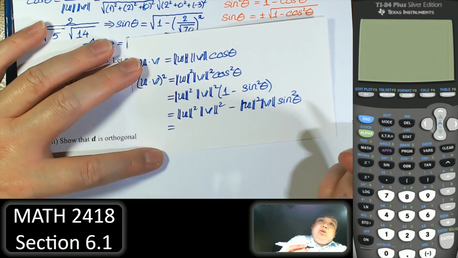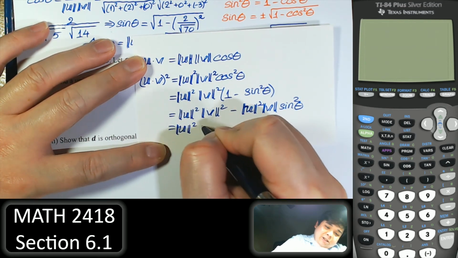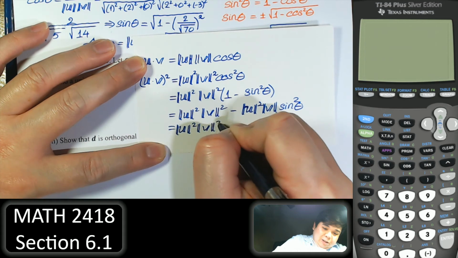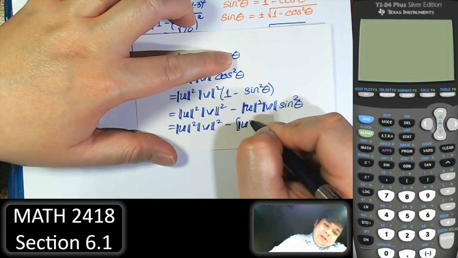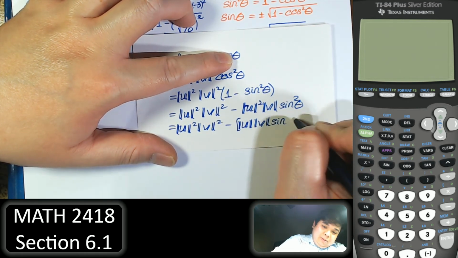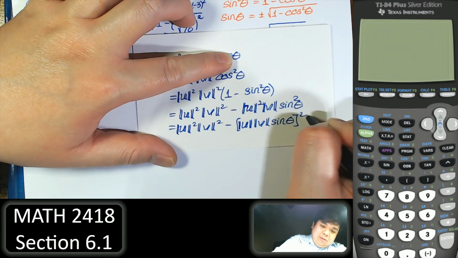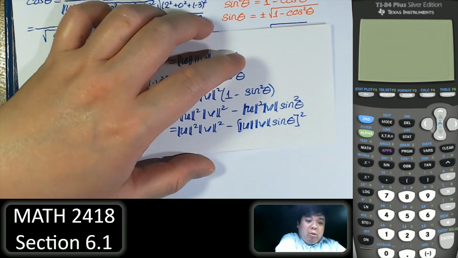Now we put things together. And I'm going to put this, by the way, this of course is taught as the area of the parallelogram with what we have earlier.